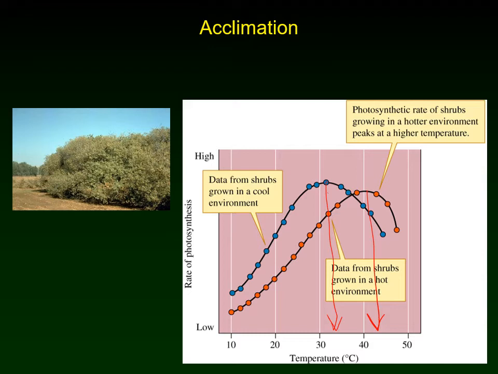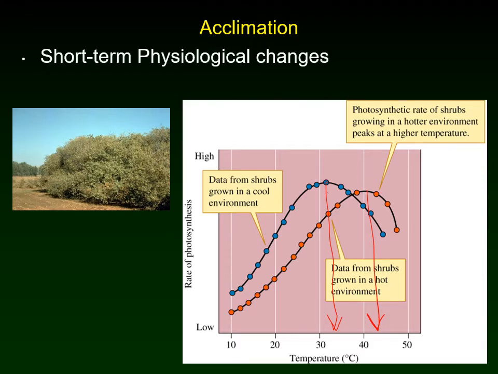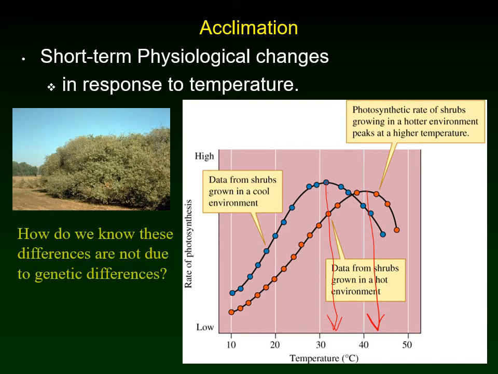We saw this with the enzyme acetylcholinesterase in the salmon, and now we see it with the photosynthesis in these plants. And how do we know in this case that these were not genetic differences? Remember, he took clones. He took genetically identical individuals to do this study.